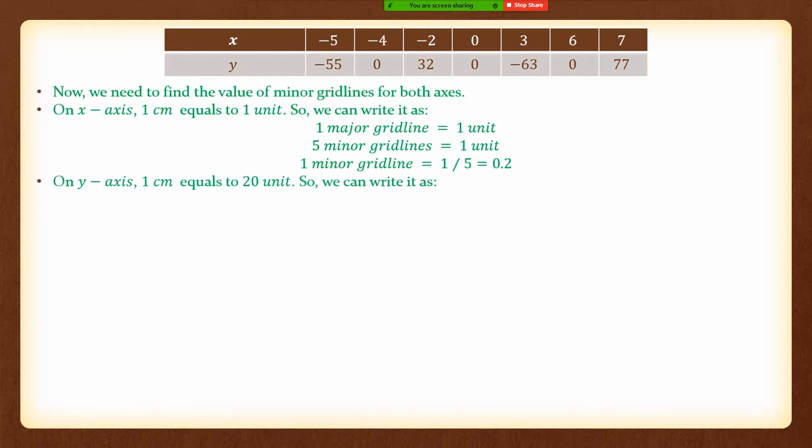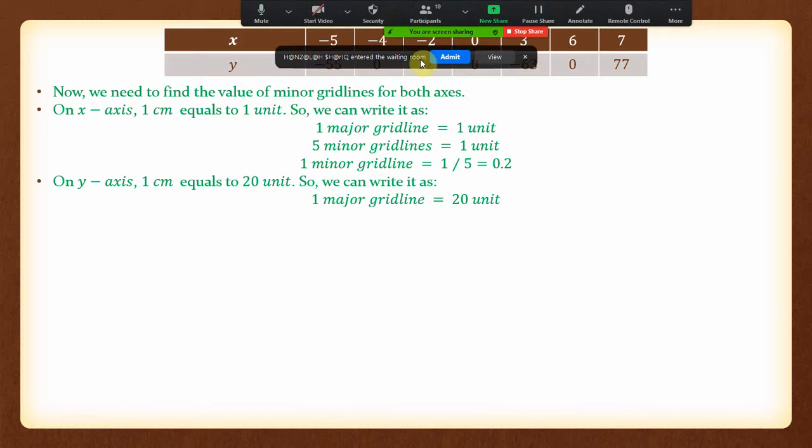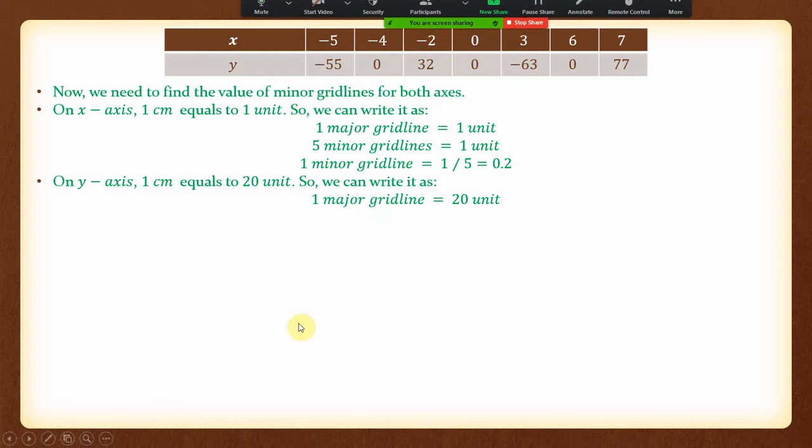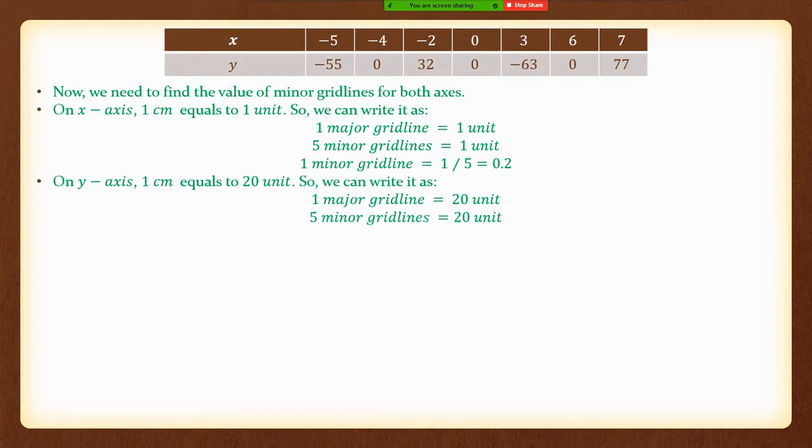Now moving towards the y-axis. We have taken 1 centimeter equals 20 units, so we can write it as 1 major grid line equals 20 units. And we know that 1 major grid line has 5 minor grid lines, so 5 minor grid lines equals 20 units. Now we need to find the value of 1 minor grid line, so we divide both sides by 5.